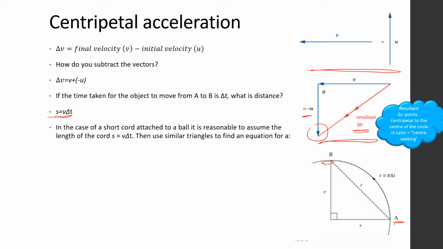We can then use similar triangles to find an equation for A, because this triangle here with the resolved vectors is equivalent to a triangle here where we have S distance and the 2 radii of the circle.